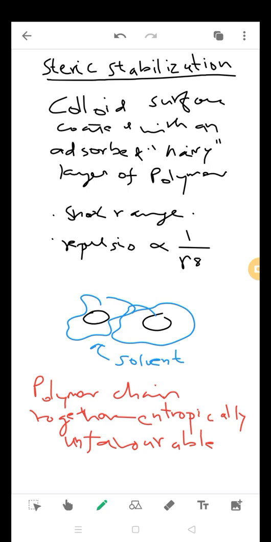And increasing the concentration of chains between the particles induces osmotic pressure.